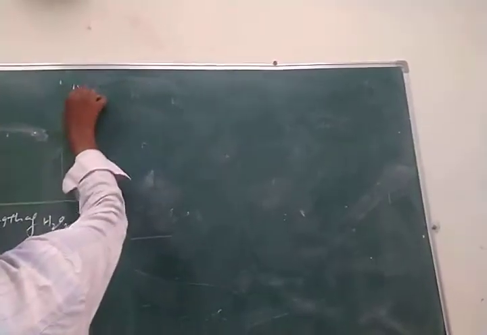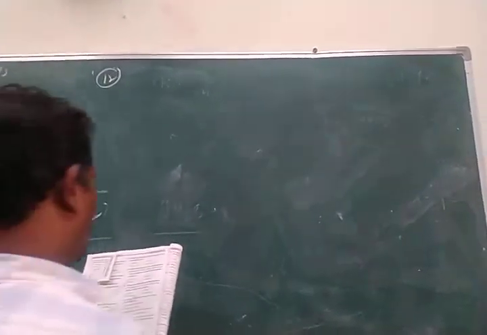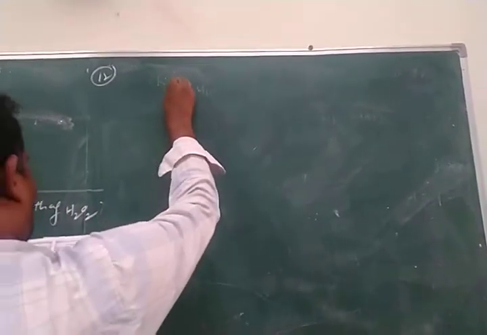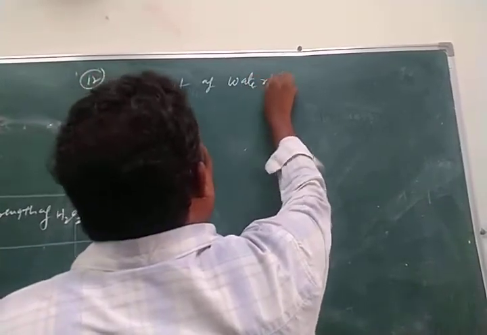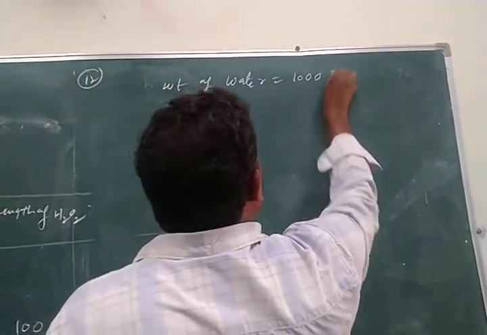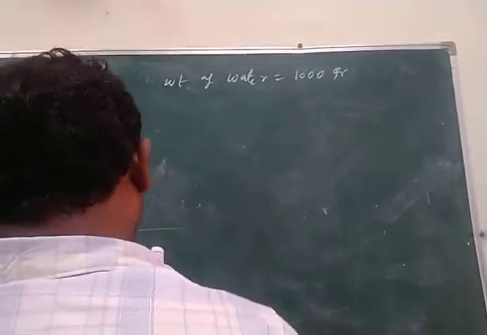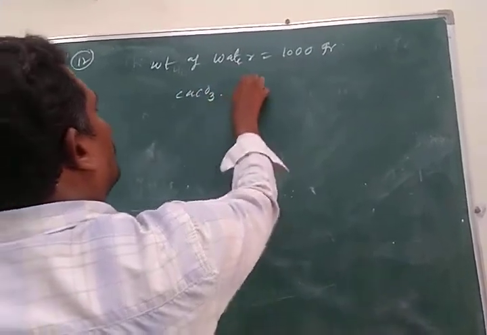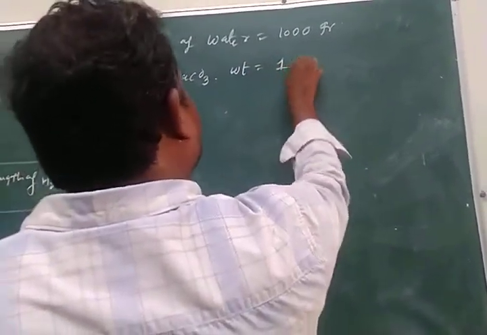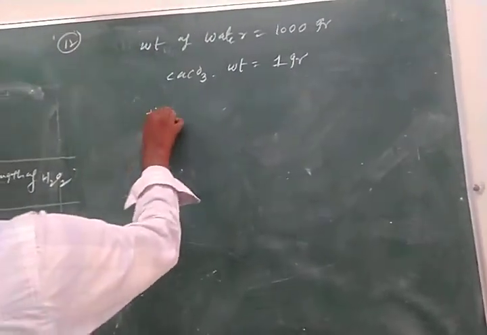Question number 12. A 1000 gram water sample contains calcium salt equivalent to 1 gram of calcium carbonate. The weight of water is 1000 grams, containing calcium carbonate equivalent to 1 gram. Then what is the hardness of water?